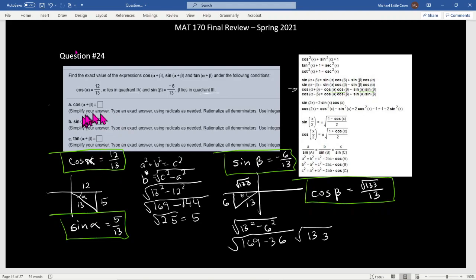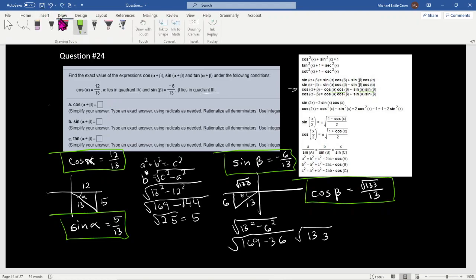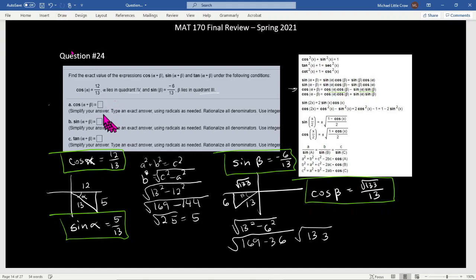So we get cosine of alpha, let's just go ahead and write the values.